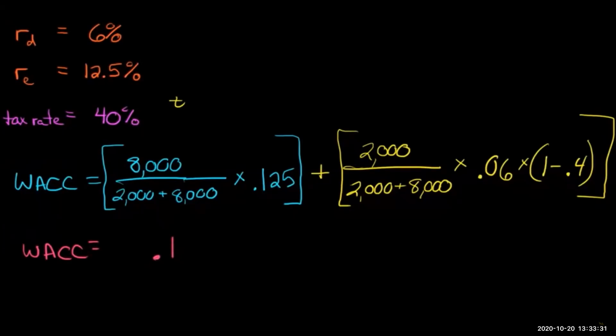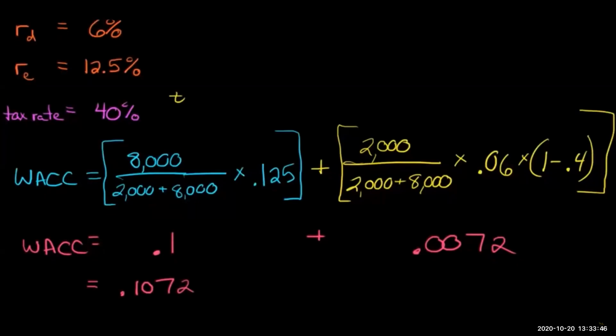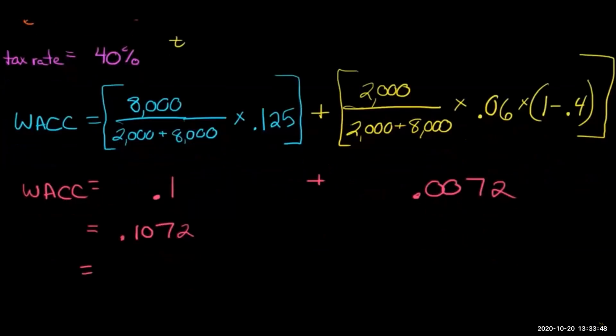Apologies there. So this is 0.1 and this piece is 0.0072. We add these together and it's 0.1072, which is equivalent to, thinking in percentages, which is easier conceptually, 10.72%. So the weighted average cost of capital for this firm that we started here is 10.72%.